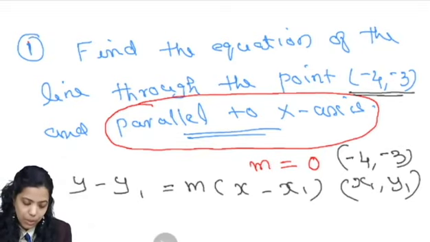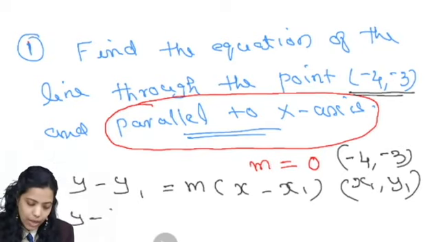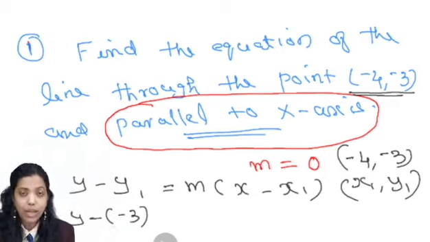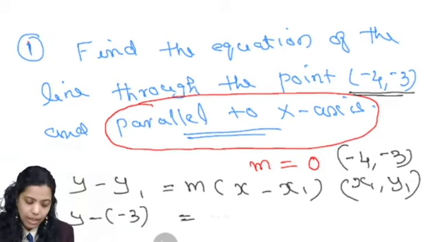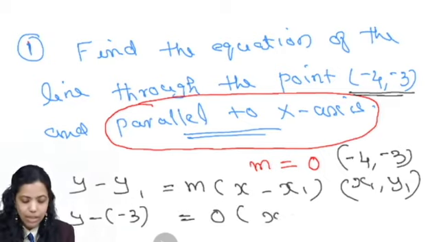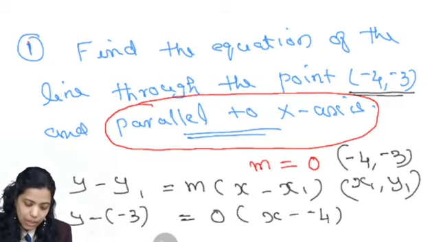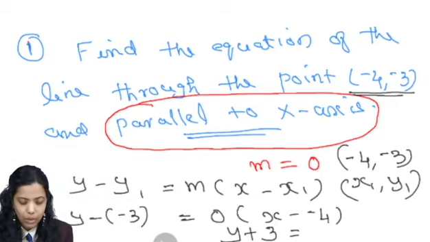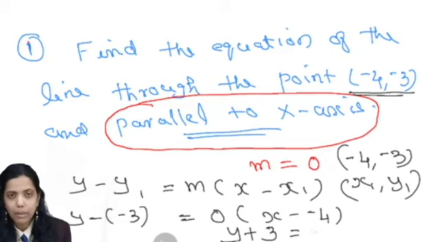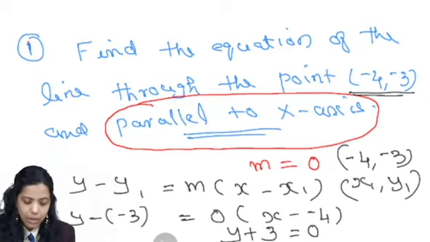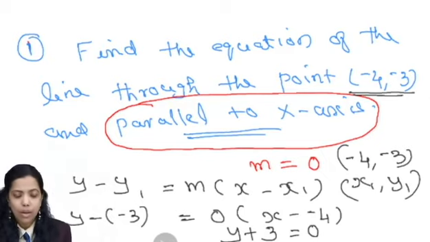If you substitute here, it turns into y minus of negative 3 equals 0 times x minus x1, where x1 is given as negative 4. So y minus minus 3 means y plus 3 equal to 0 times x plus 4. 0 multiplied by anything gets you 0 itself. So we get the equation of the line as y plus 3 equals 0.